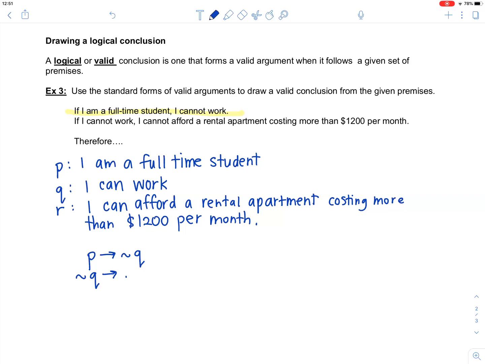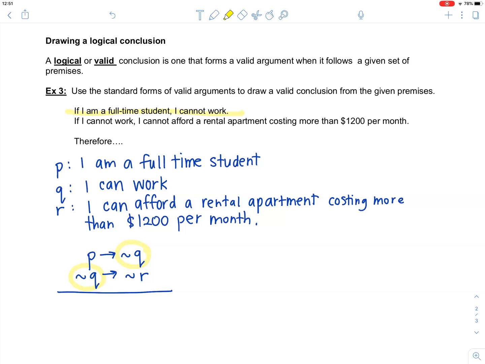That would be not R. And we want to be able to draw a valid conclusion from those two premises. What you want to notice is that you have two conditional statements. Also, you want to notice that the consequent of the first conditional matches the antecedent of the second conditional.